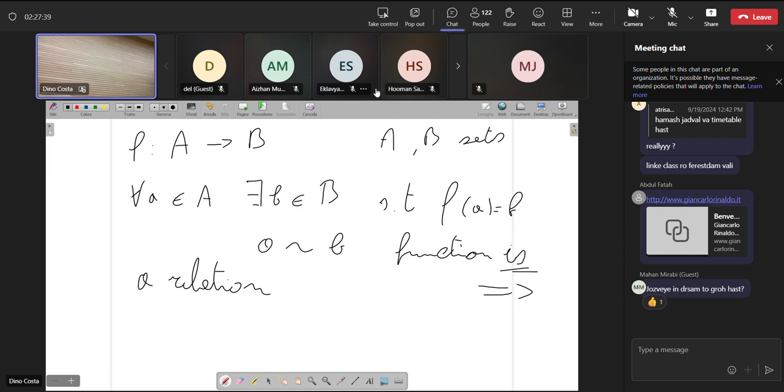Not all relations are functions. So we are mapping an element A and we compute its image in B. For any A, there exists a B in B such that f of A is equal to B. So a kind of correspondence.